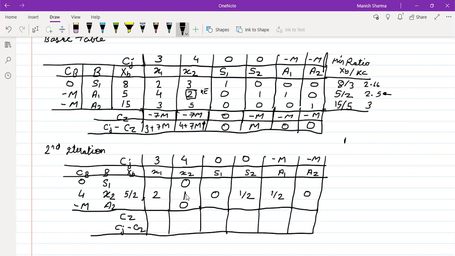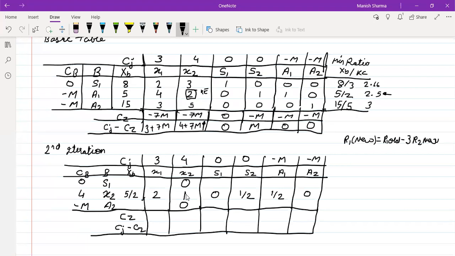For the row operation, I will write R1 new is equal to R1 old minus the coefficient, which is 3, into R2 new. That is, I'll multiply R2 new by 3 and subtract it from the old value.